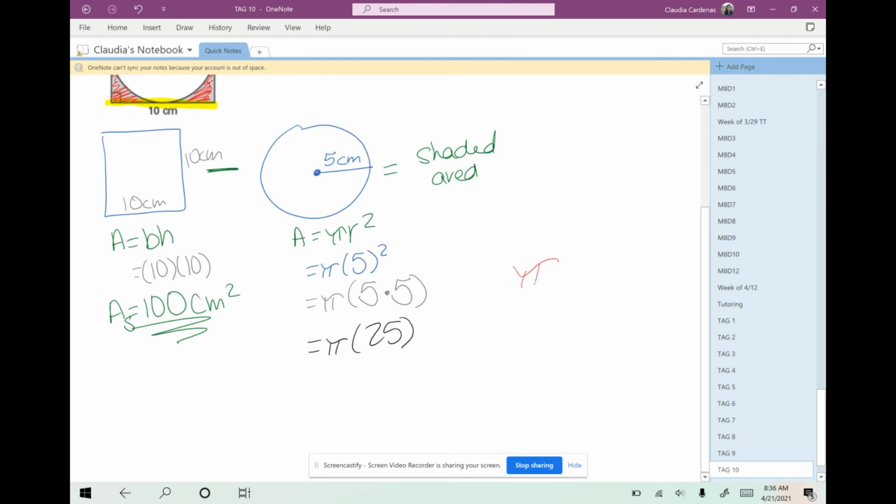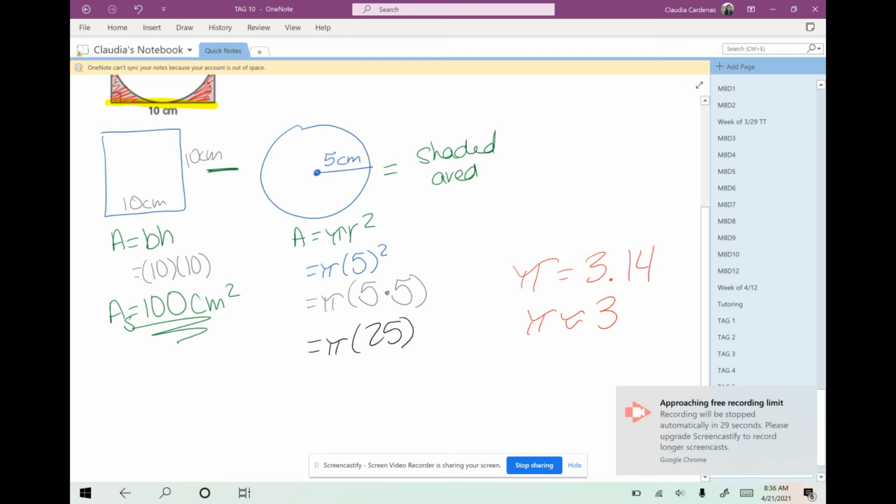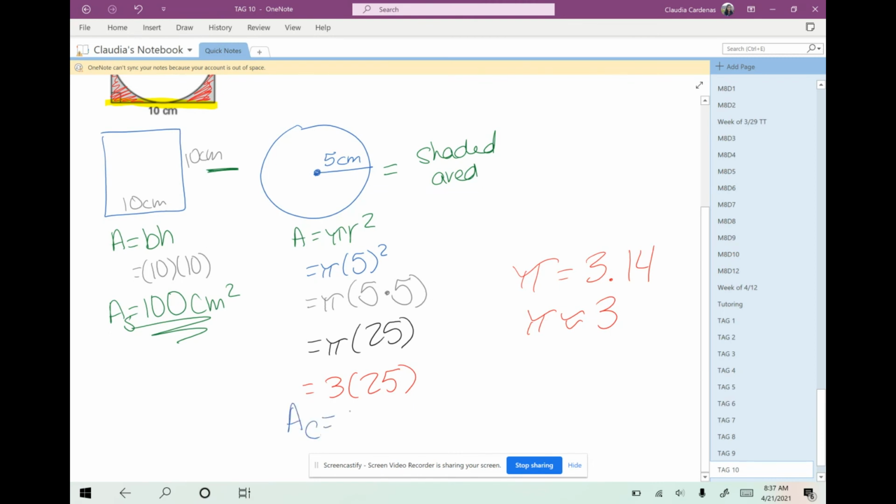So even though on our formula chart they tell us pi is about 3.14, because we are in review time, we can actually use 3 for pi in these situations. Just because sometimes the problem will use 3.14 and sometimes it will use 3. But regardless, we will always find an answer that is close when using pi equals 3. And that makes the math just a lot easier. So let's go ahead and multiply 25 times 3, which I know is 75. So the area of the circle is about, let's just keep our approximation, 75 centimeters squared.